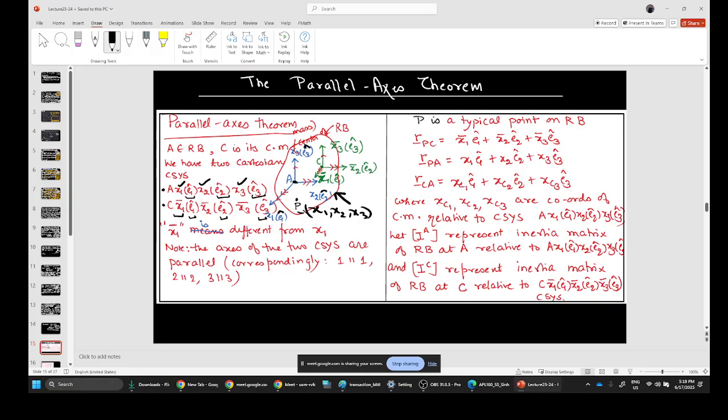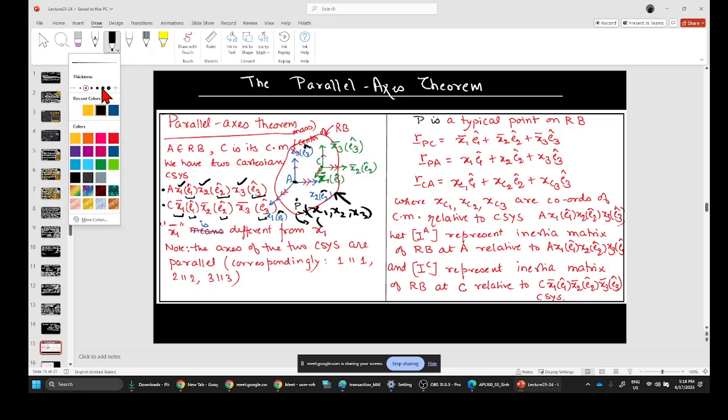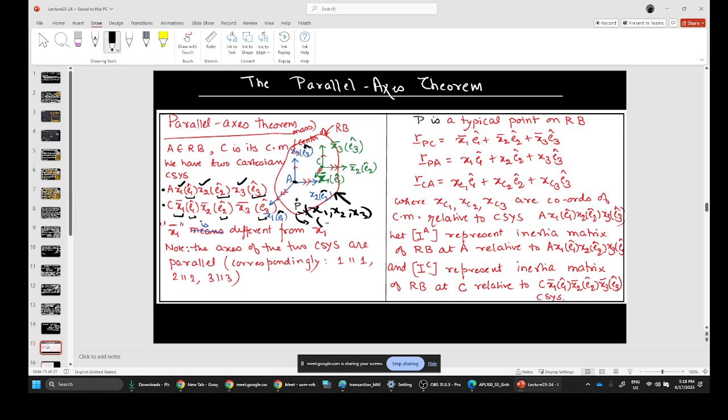Essentially what I am saying is that in the second coordinate system, the same point P will have its coordinates as x1 bar, x2 bar and x3 bar. Now these are just scalars. Do not confuse this as a vector. It is just a scalar.